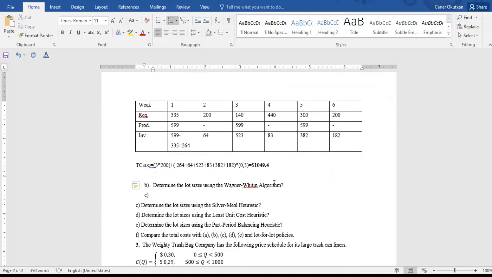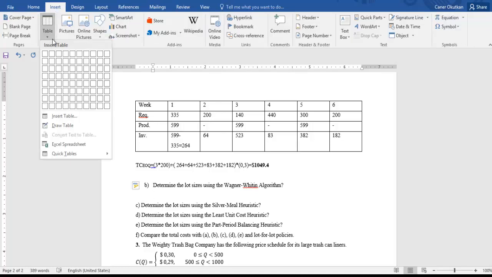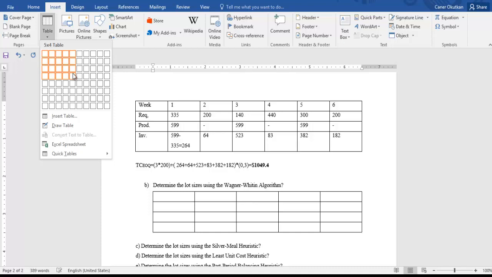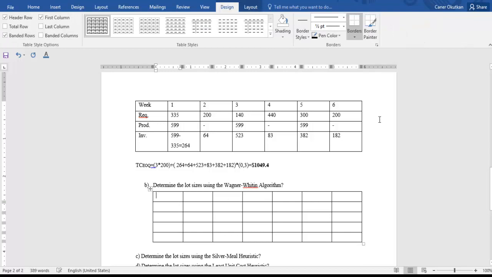So B question: determine the lot size using Wagner-Whitin algorithm. Again we construct table to use in the question. We copy this data and we copy production. So we are in here.